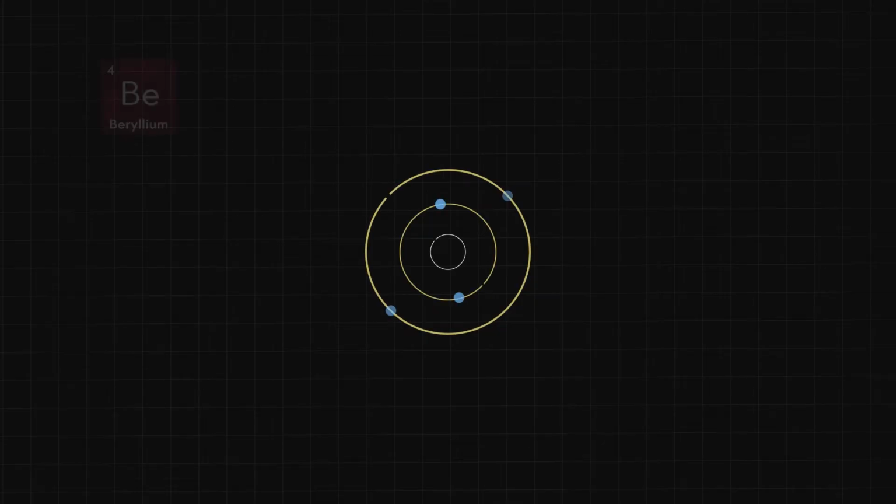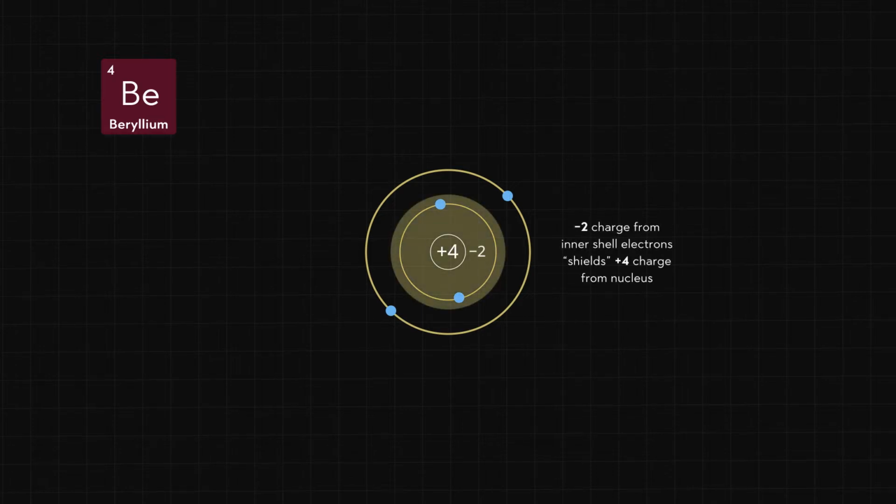Beryllium, or Be, has 4 electrons, 2 in the first shell and 2 in the second shell. To ionize beryllium, we need to remove an outer shell or valence electron. A valence electron in beryllium is attracted by the +4 charge of the nucleus, but a charge of -2 from the inner shell electrons shields the valence electrons from the +4 nuclear charge.